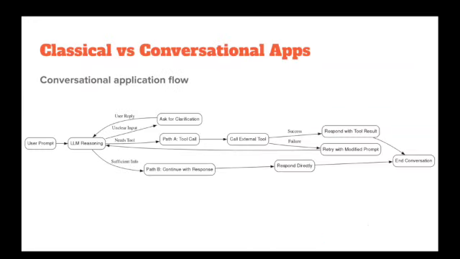With conversational applications, it looks a bit like spaghetti, right? Because a bunch of things can happen. You input some text and then your text might not be clear. So the LLM is going to tell you, hey, I don't understand what you're saying. Please clarify. Then you answer, and then it needs some information that's not in the training data. It needs to figure out what time it is, or if it has any reservations that are available.